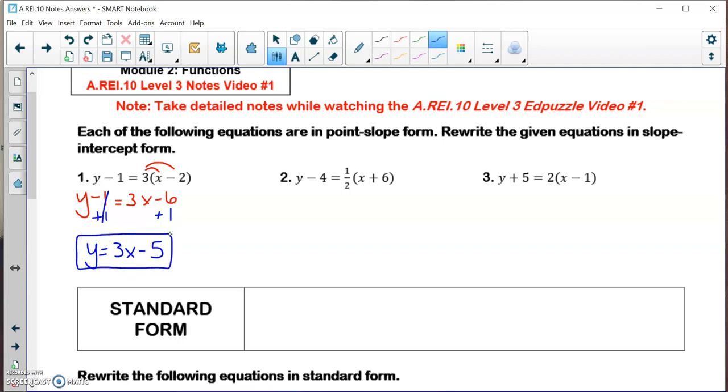And that's it. That's all they want you to do for these problems. They want you to just rewrite it in slope-intercept form. So same with number 2, it's in point-slope form. So to get it into slope-intercept form, I'm first going to distribute. And now I'm going to add 4 to both sides.